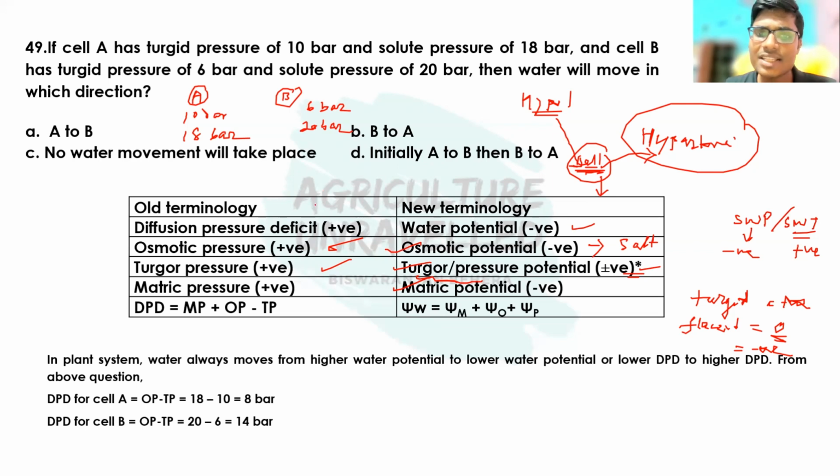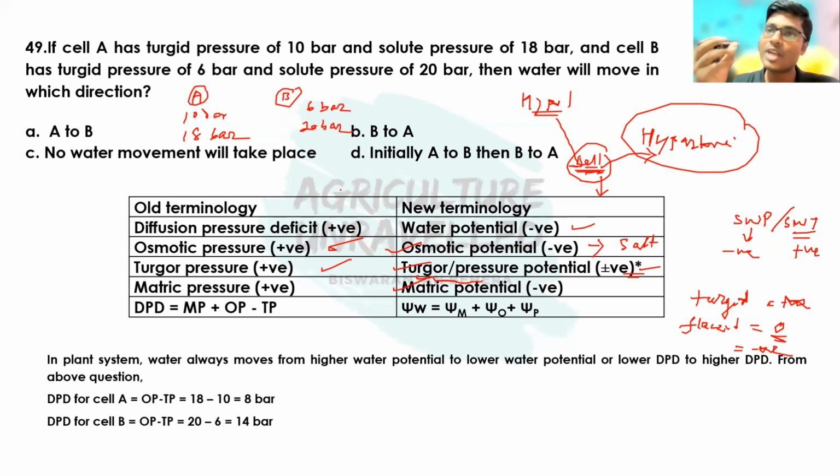And coming to the next, that is matric potential or matric pressure. Matric potential is due to the cell matrix, the extracellular matrix. Matrix means things like proteins or polysaccharides which have some adhesive substances, and due to these adhesive substances, water sticks on these matrix substances like polysaccharides or proteins.